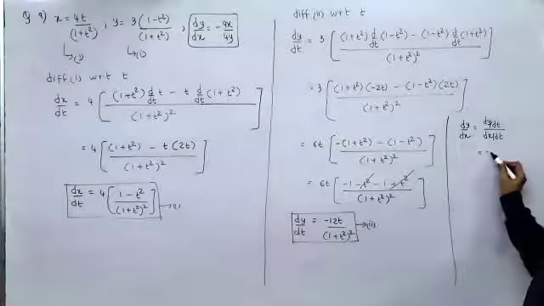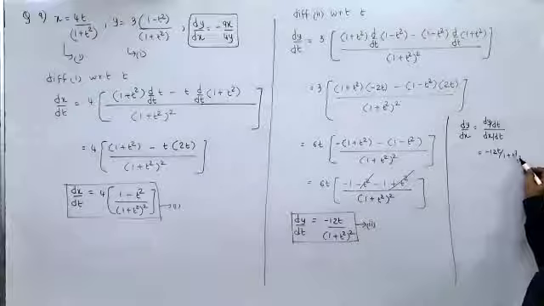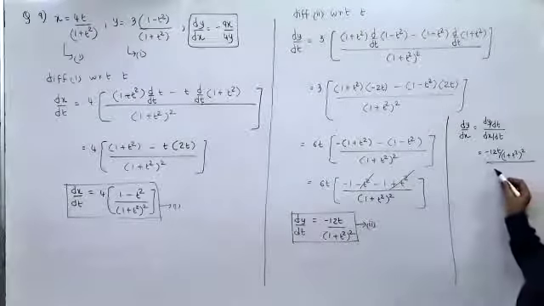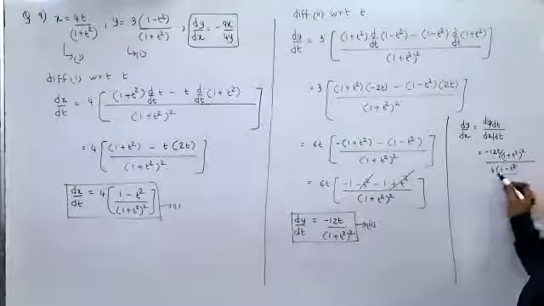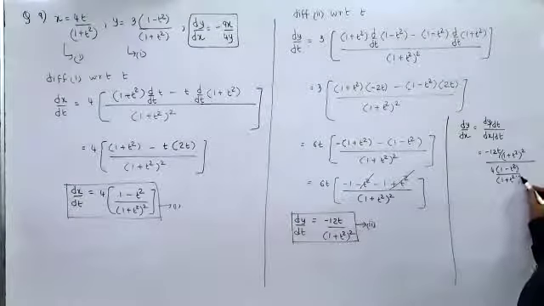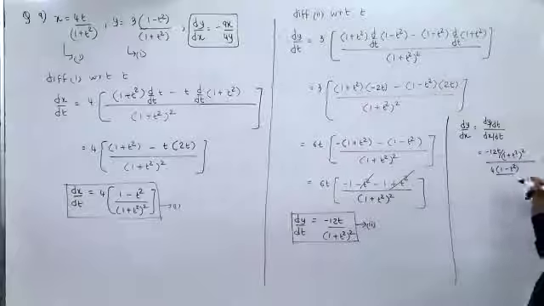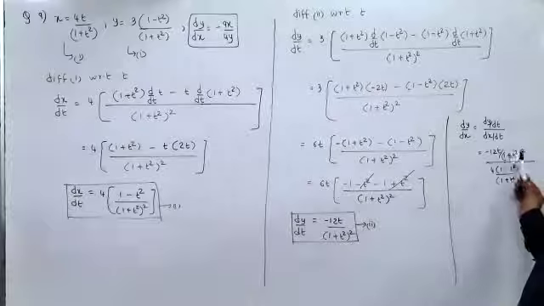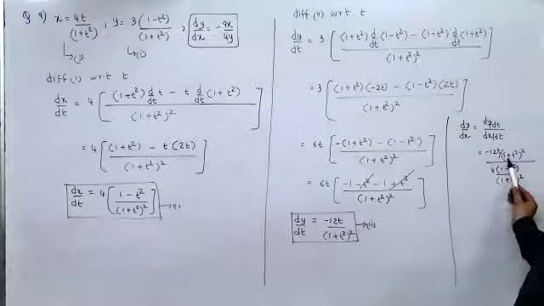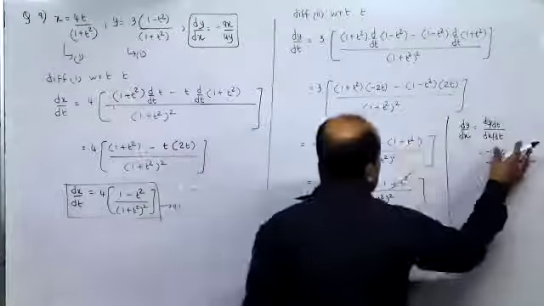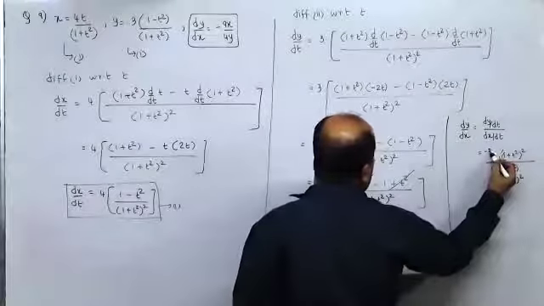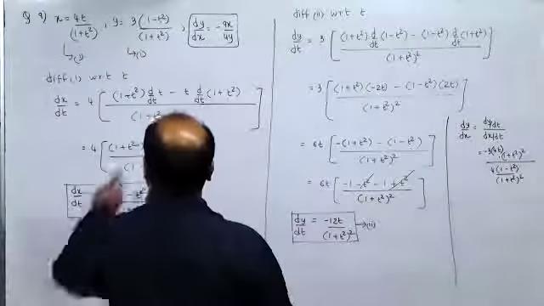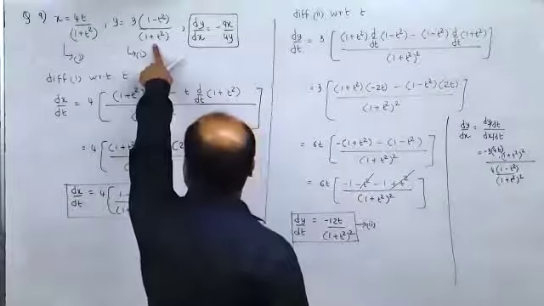So it would be minus 12t upon 1 plus t square the whole square, divided by dx by dt, which is 4 into 1 minus t square upon 1 plus t square the whole square. And don't cancel this. What we can do is, we need it in terms of y and x. So what is x? 4t upon 1 plus t square. And y is 3 into 1 minus t square upon 1 plus t square.